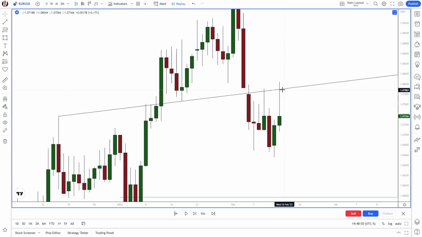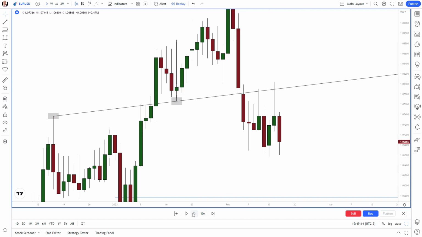This came all the way back up, okay? And it attempted to push past this trend line. But again, this trend line, this resistance, as a matter of fact, I'll draw it here. This resistance to the support, okay, this was my level. And of course, the market rejected that really hard and pushed all the way back down. This is kind of like a fake out.